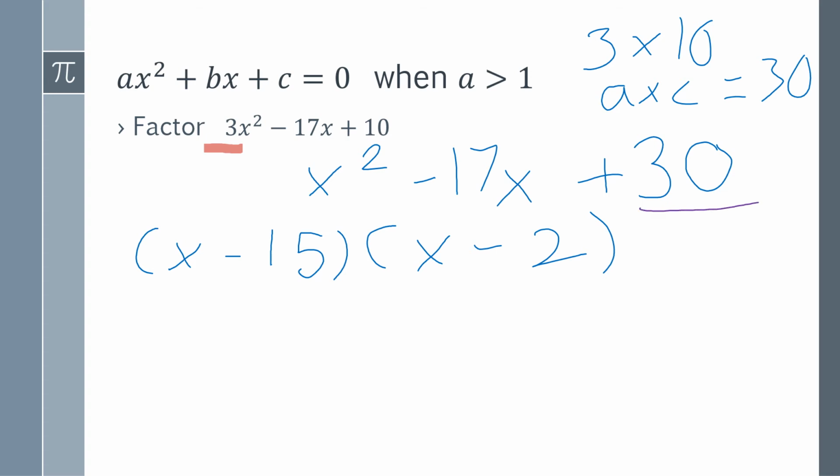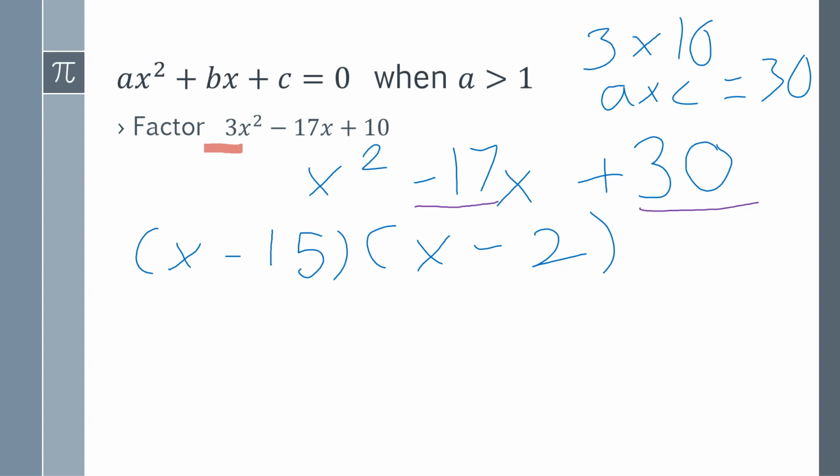And when I add those two numbers together, I get negative 17. Because if I owe you $15, being negative 15, and then I borrow $2 more, being negative 2, I owe you $17. And me using the word owe means negative.